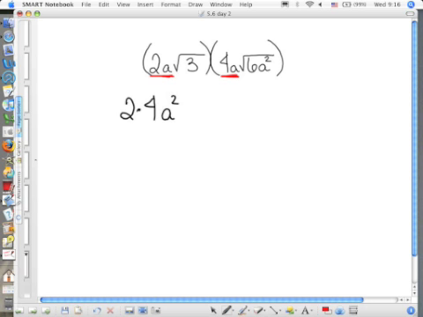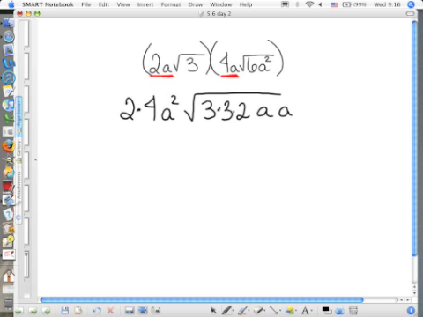Now under the radical, I've got 3 from here. I've got 6 from here. Notice I'm breaking it down and I'm trying to keep my 3's together. And then I have a couple of a's. This is really not too bad.